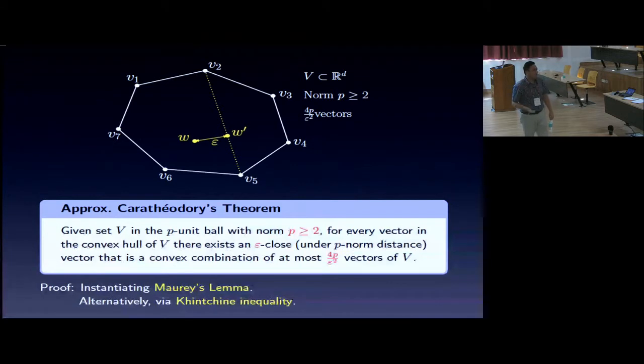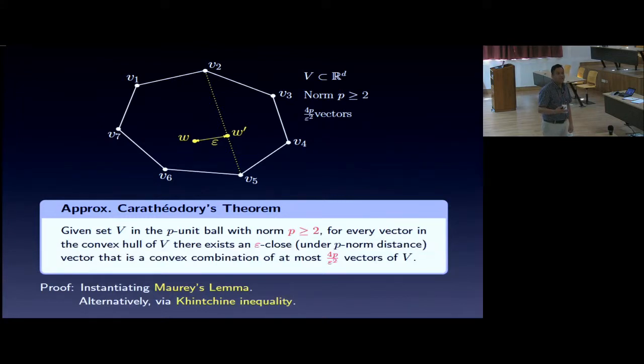Yeah, so for example, for the Birkhoff von Neumann polytope, you can actually do better. You can get something like 1 over epsilon. But those are tailor-made arguments for that. So there are known cases where you can improve upon this bound, but in general, this is tight.